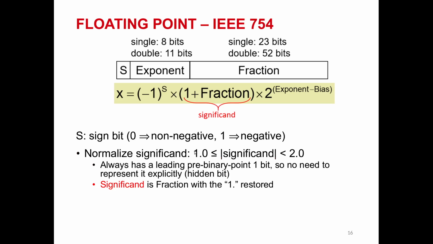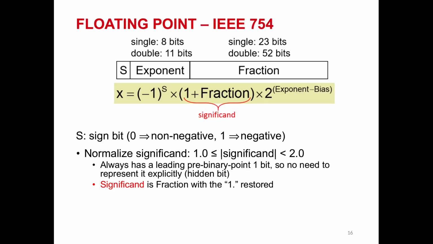And so we remove this bit 1 here, and we just keep the fraction after this one. So for 1 point something, that something will be kept in the fraction, and this bit for 1 will be removed. And when we do calculation with floating point, we will need to add this 1 together with the value of the fraction to revert it back.